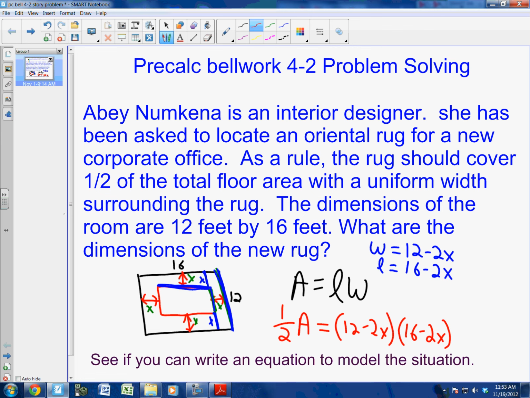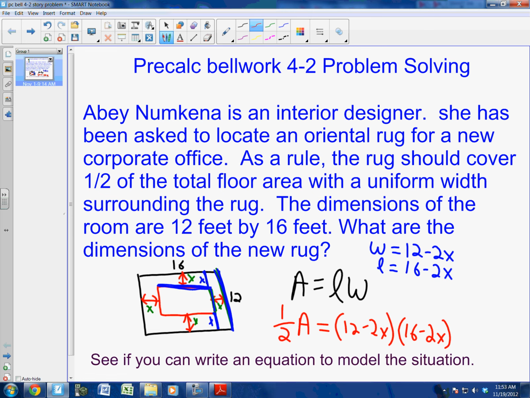Now do we have a function? So this is saying 1/2 the area of the room is equal to the width of the room minus the 2X's times the length of the room minus the 2X's. So 12 minus 2X and 16 minus 2X. There's my equation.